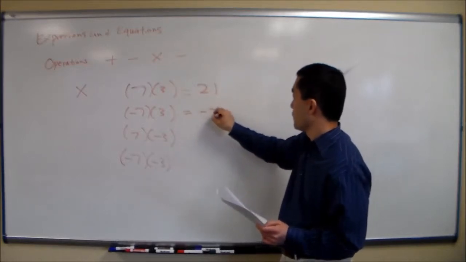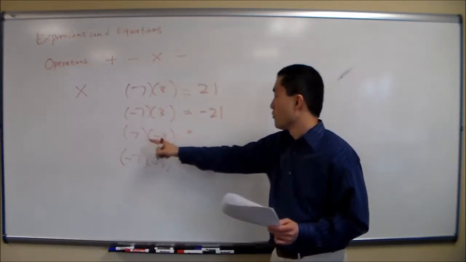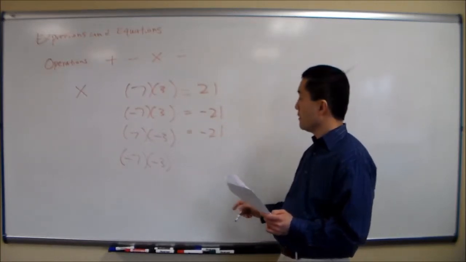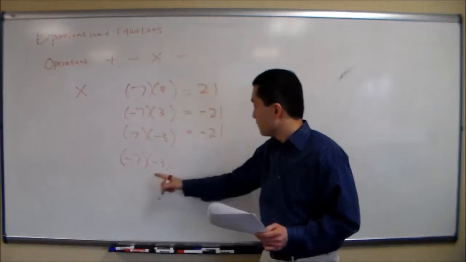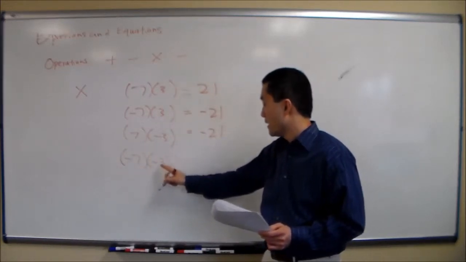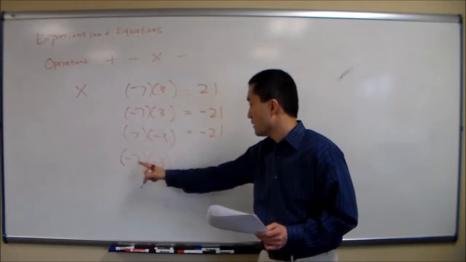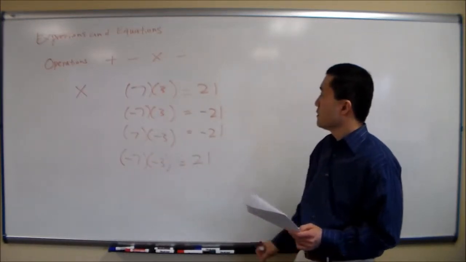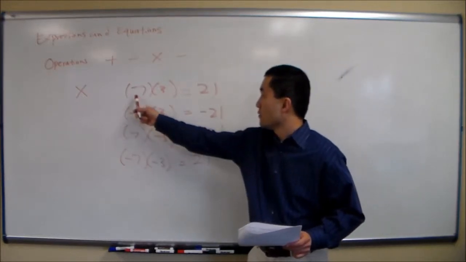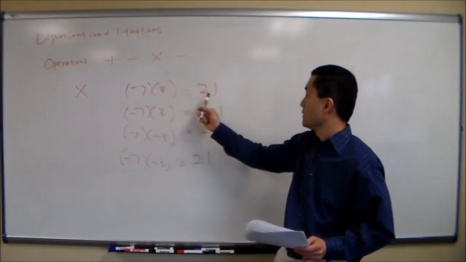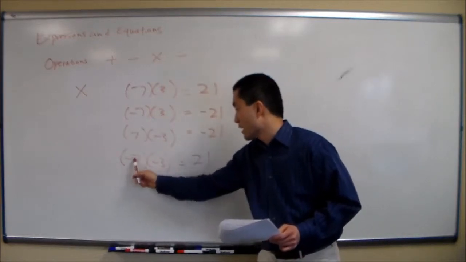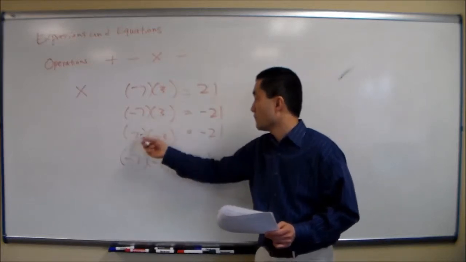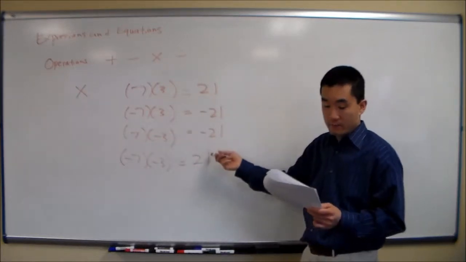So this is -21. Same rule here, positive, negative, so this is -21. If it's double negative, a negative number multiplied with a negative number, it becomes positive. So the rule is, if they're the same signs multiplied, positive, positive, it's positive. Negative, negative, they're the same sign, so the result is a positive number. If the signs are different, you get a negative number.